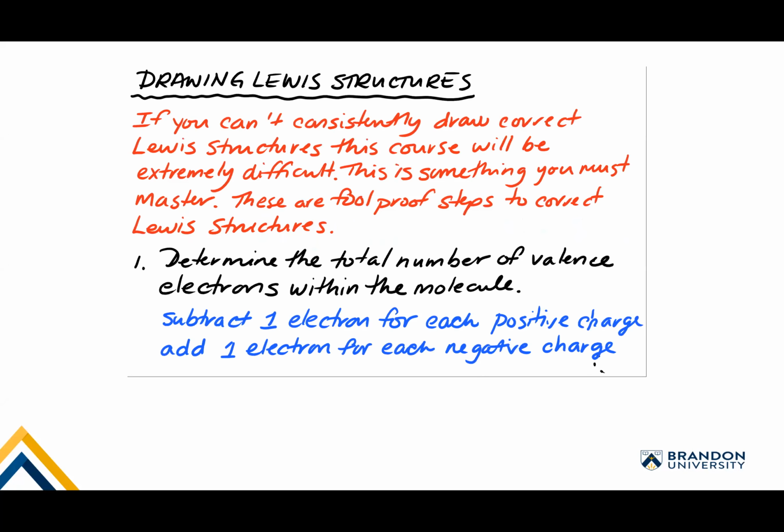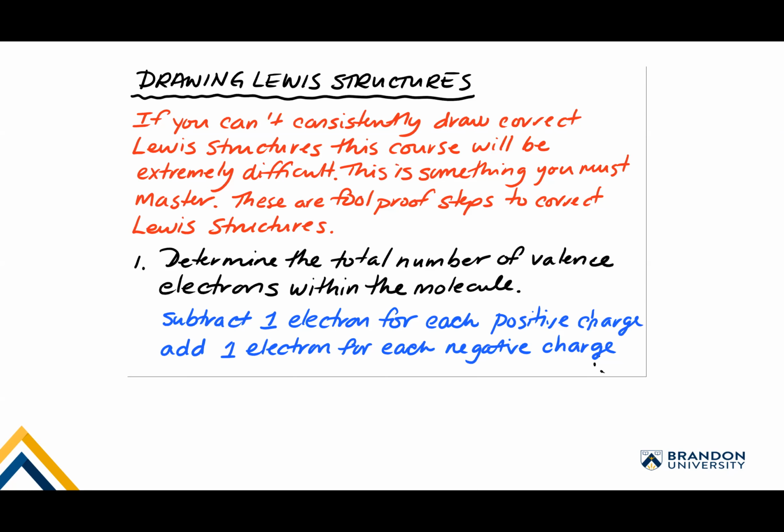Okay, so the first important thing to do, and this is probably where the most errors take place, is making sure we have the correct number of electrons in our molecule. So we need to determine the total number of valence electrons within our molecule, whatever it happens to be.